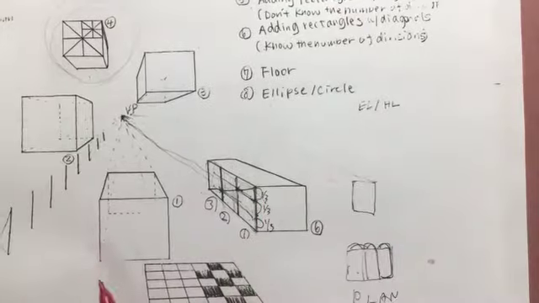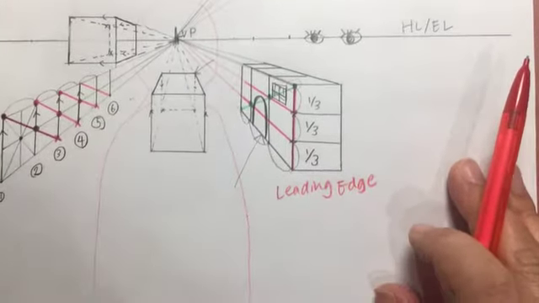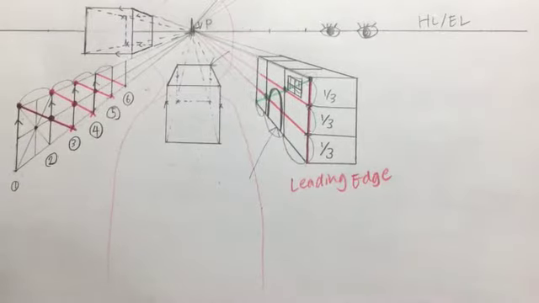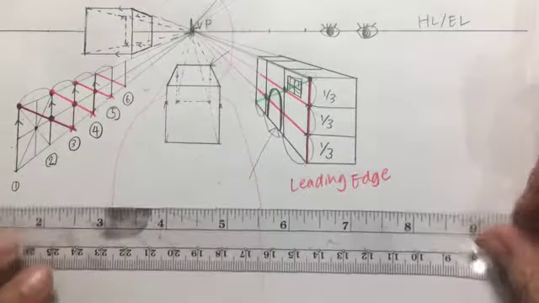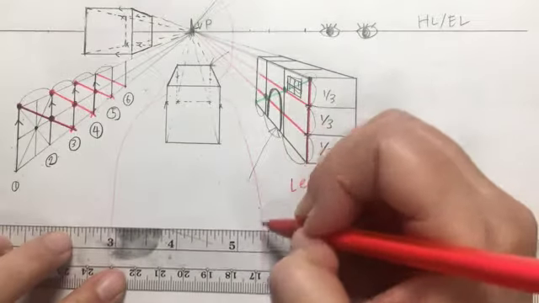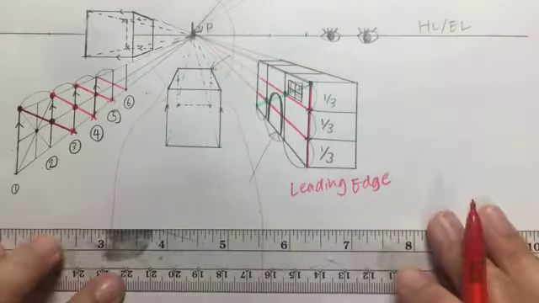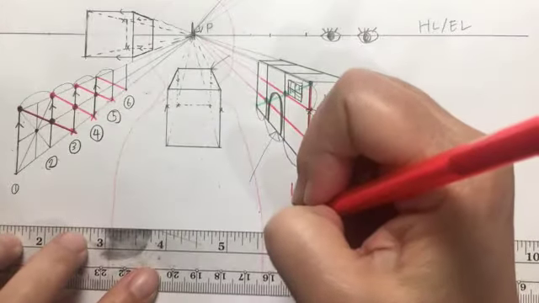Great. Okay, so number 7. All right, number 7 is the floor. So what I'm going to do is draw the floor here. I'm using the vanishing point here, right?